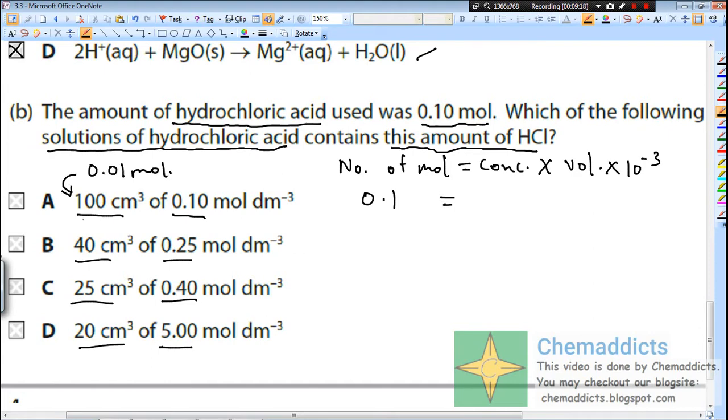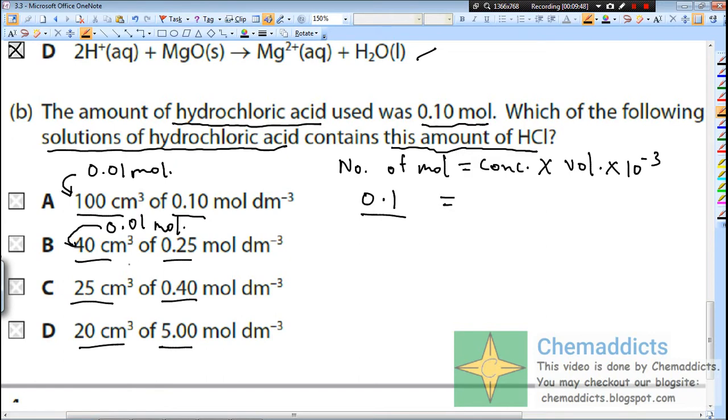And if we multiply this with this, then we're going to end up getting 0.1 mole for this solution. We are just multiplying the given concentration with the corresponding volume in each option, and we will stop at the option where it matches with this number of moles.